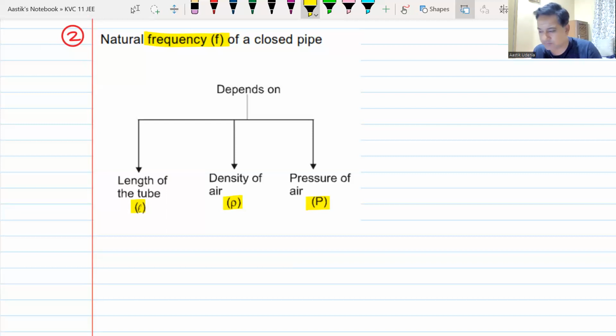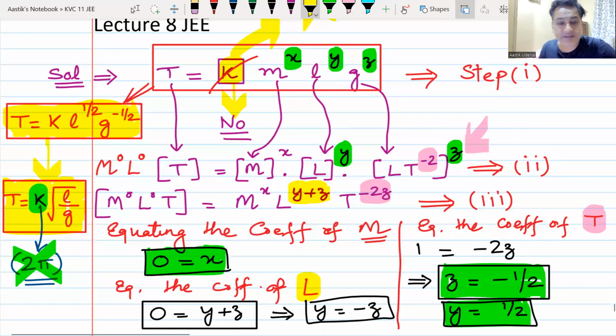Simple things. Remember, whatever physics we are doing, it will require some amount of maths. In the previous question, where did physics finish and where did math start?